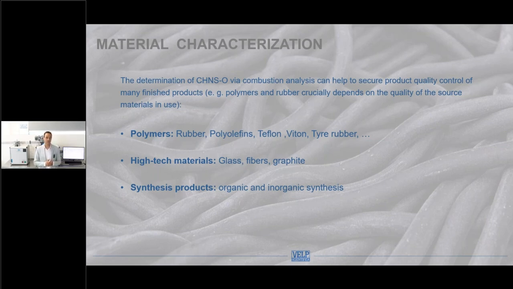We have customers that also measure high-tech materials like glass fibers and graphite. It's also very important for synthesis products. CHNSO characterization is very important to measure pure chemicals after organic and inorganic synthesis.